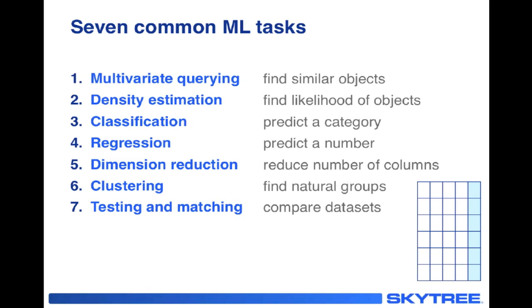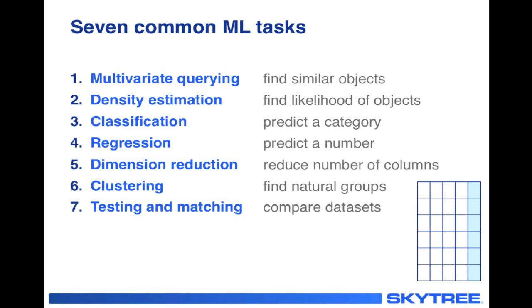Most people know clustering, finding natural groups. There you can consider that special variable, the colored one, as the cluster label. So find some labels to stick onto each row such that you make natural groups.